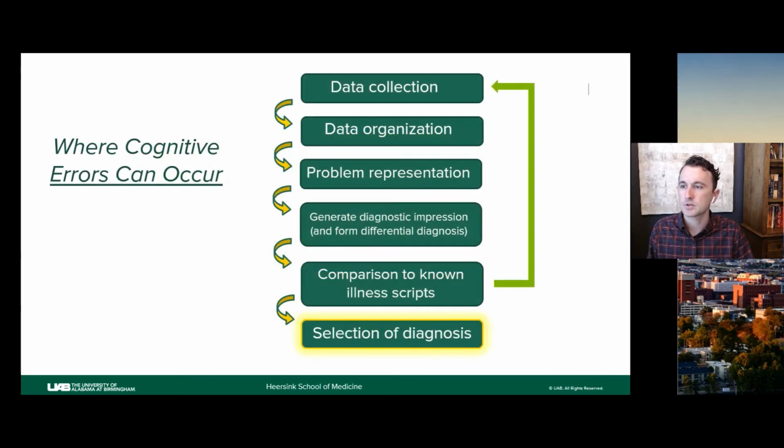Okay, so the biases previously described can exert effects anywhere within the diagnostic process. And this is a nice cartoon outlining the diagnostic process. So we collect data, we then organize that data, then we create problem representations, which we talked about in session 2, then we form a differential diagnosis.